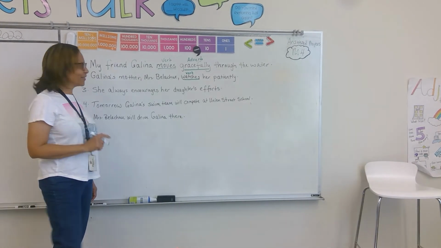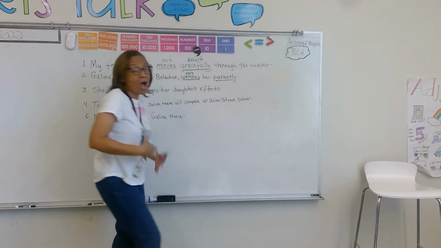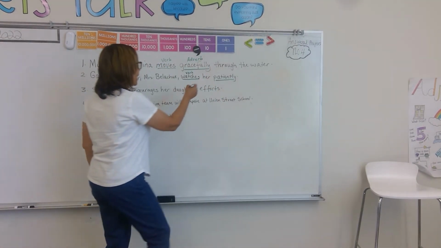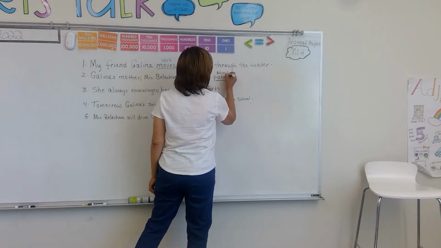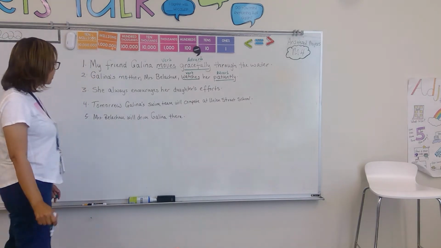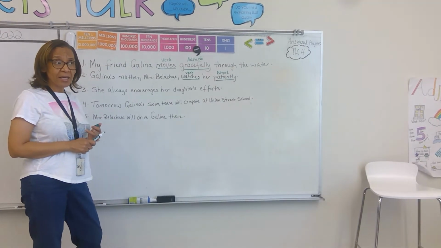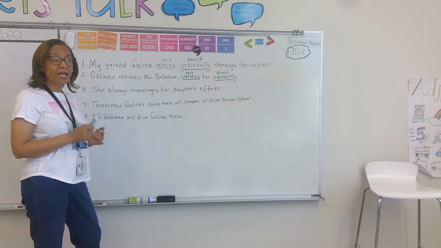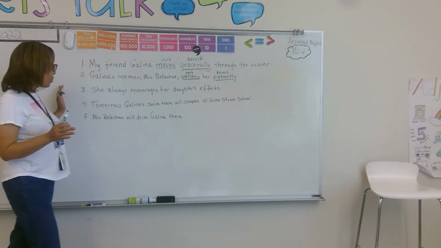Correct. Patiently. She watches her patiently because it tells you how she watches her. Now, I wanted to also point out that there are some times that adverbs end in ly, but not all adverbs end in ly.